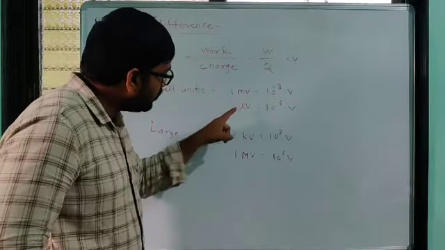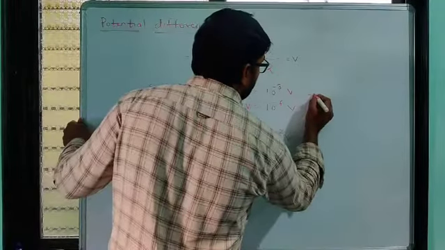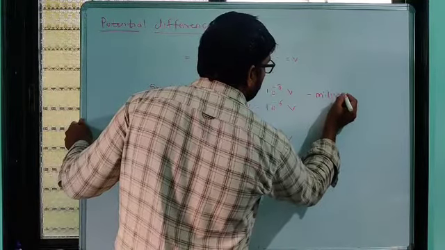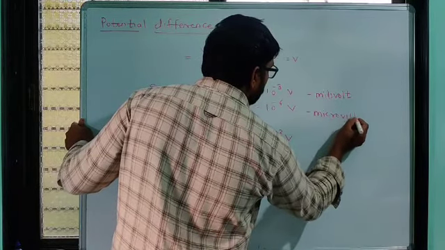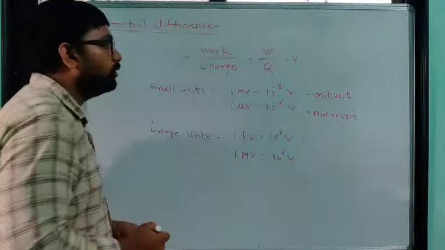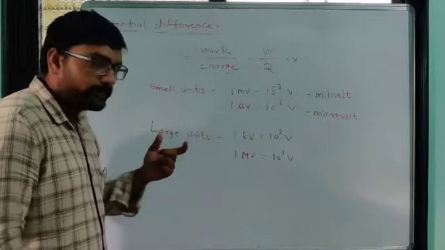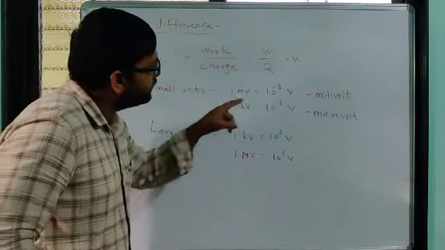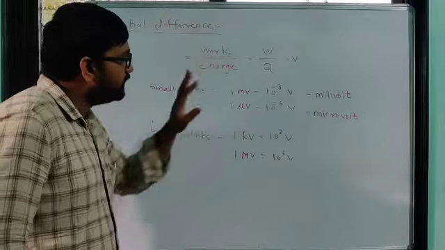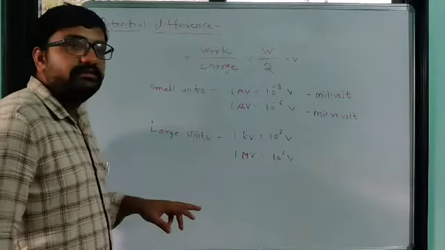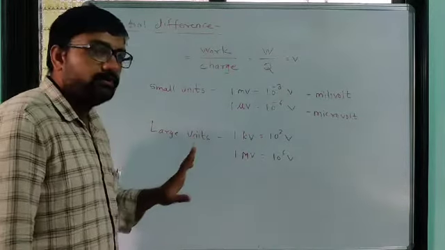These two units are generally used for the measurement of small voltage. 1 millivolt means 10 raised to minus 3 volt, and 1 microvolt is 10 raised to minus 6 volt.